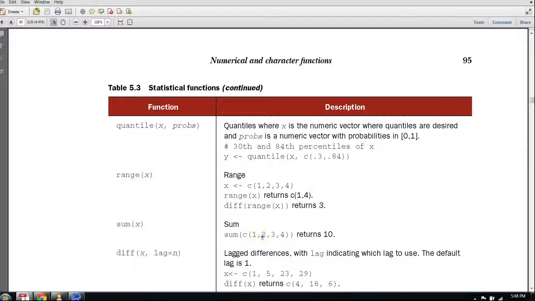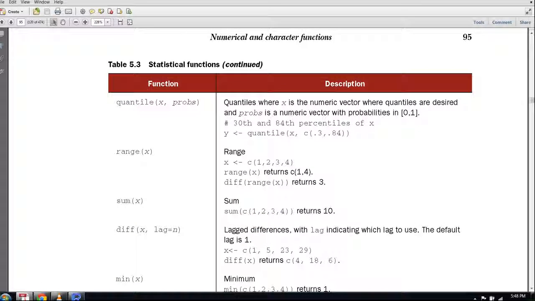Okay, sum of x, we know that. Then diff: if you look at this function and we do diff of f, we get this, which is 5 minus 1, then 23 minus 5, and then 29 minus 23. So you get those differences.